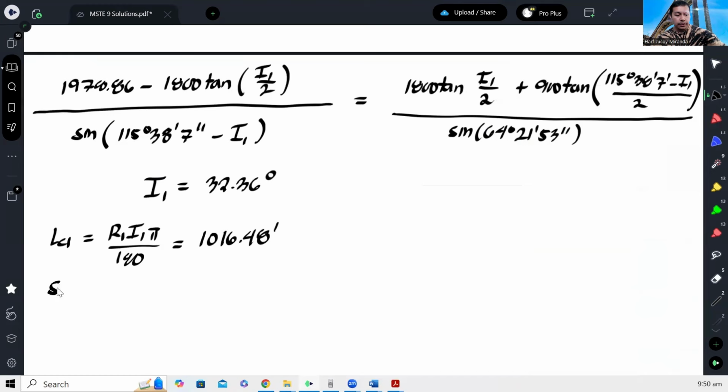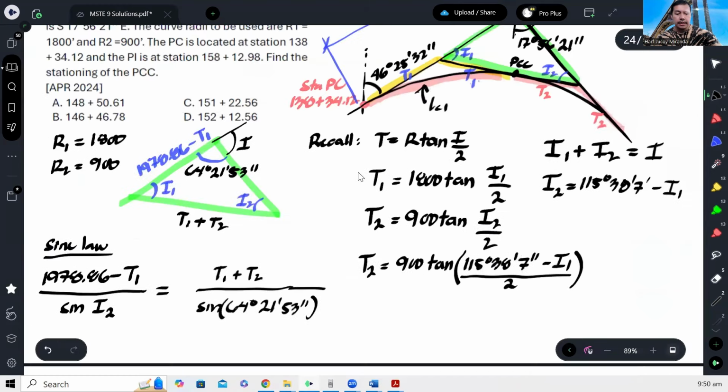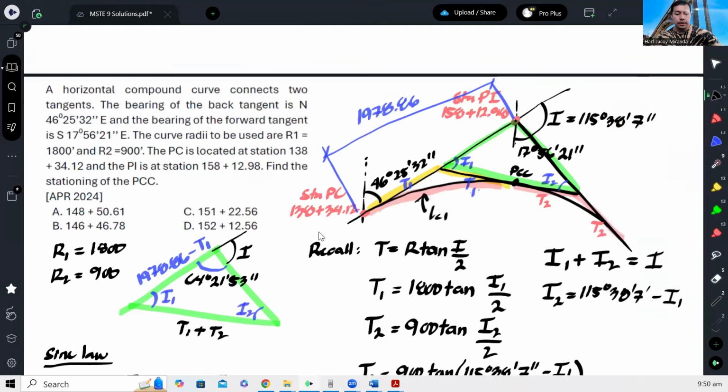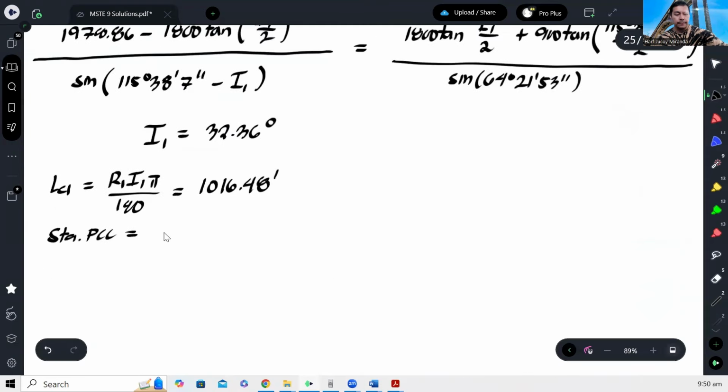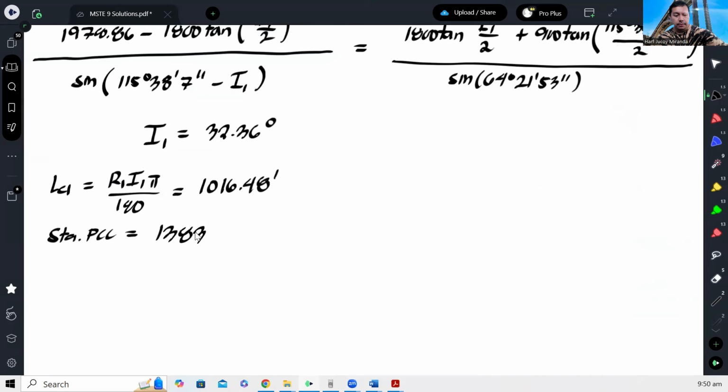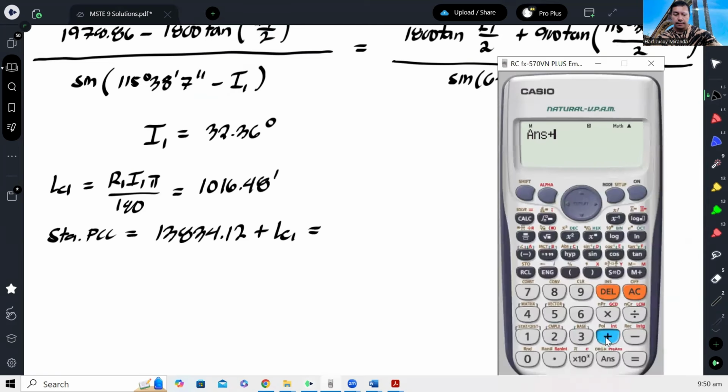Okay, so therefore, yung stationing ng PCC is yung stationing ng PC, which is 138, 34.12 plus yung LC1. So that gives us 148 plus 50, no? 148 plus 50.6.